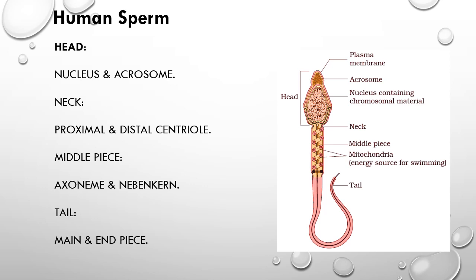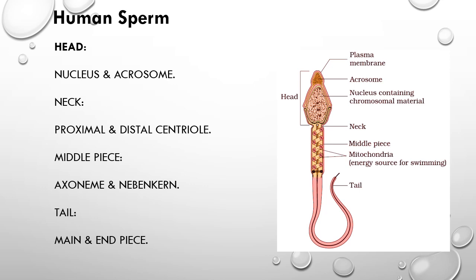During the process of fertilization, the sperm has to penetrate the egg with the help of the acrosome. So the head consists of two important parts, namely nucleus and acrosome.